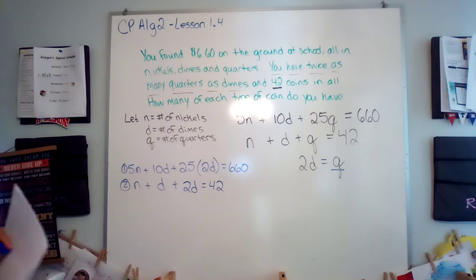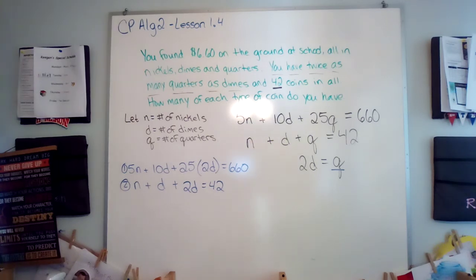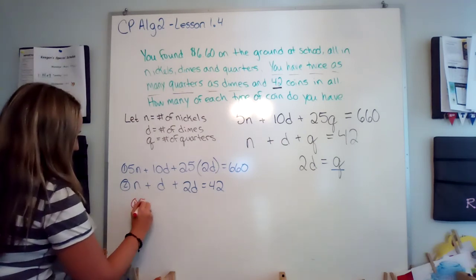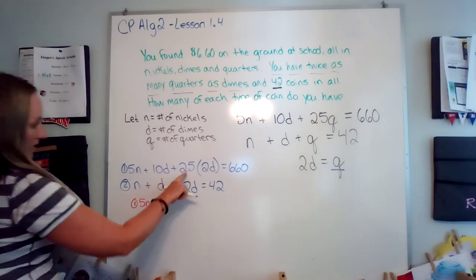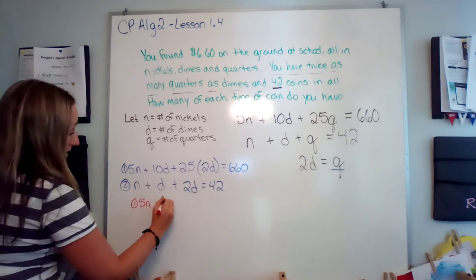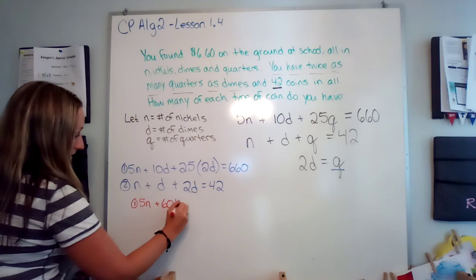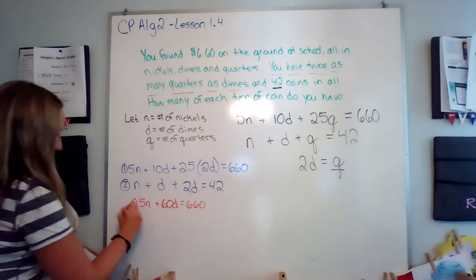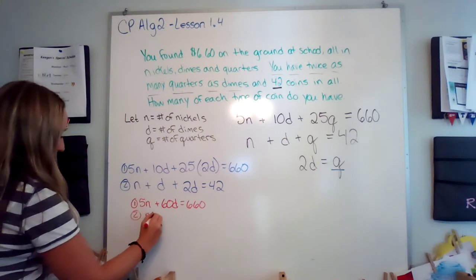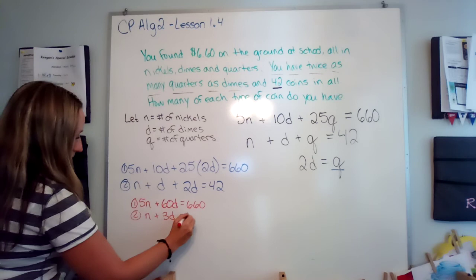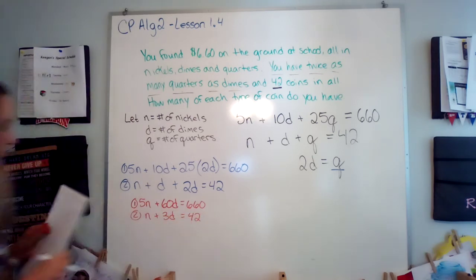So now I can clean up equation 1 and equation 2 and just have n's and d's, okay? So equation 1 becomes 5n plus, all right, so 25 times 2, that's 50, plus another 10, 60d equals 660. And equation 2, I'm going to have n plus 3d equals 42.